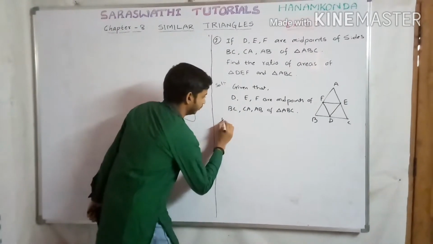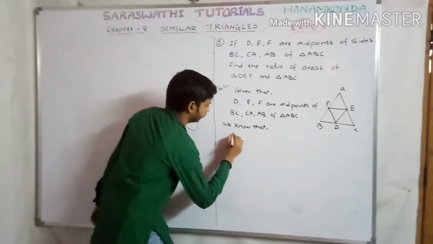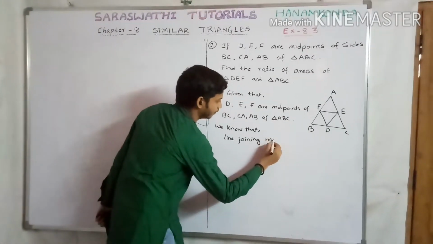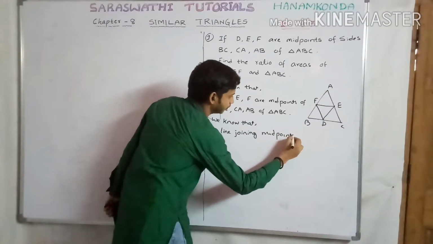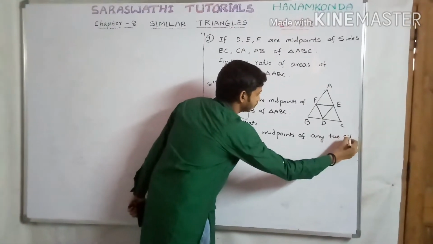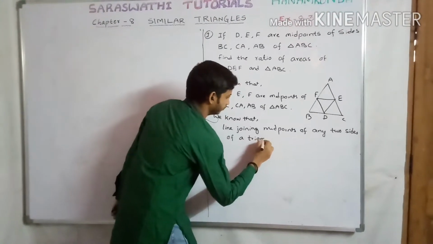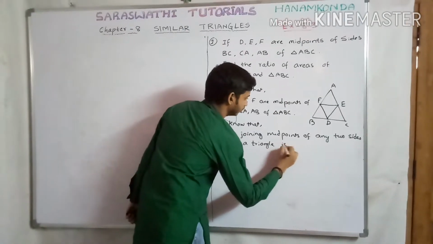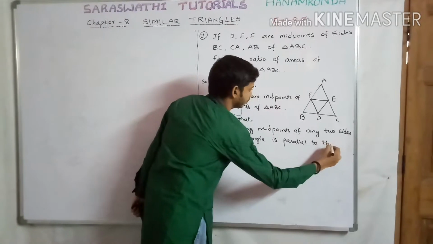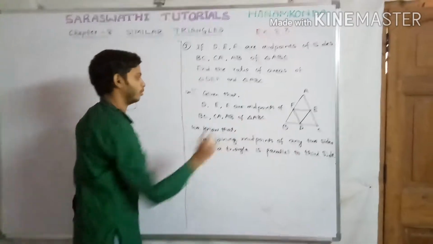So we know that the line joining midpoints of any two sides of a triangle is parallel to the third side. We have proved this in exercise 8.1 fifth problem.